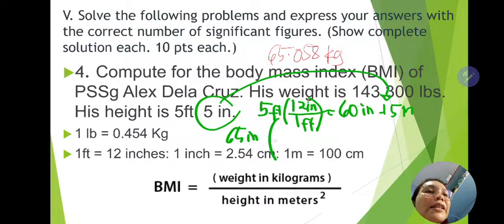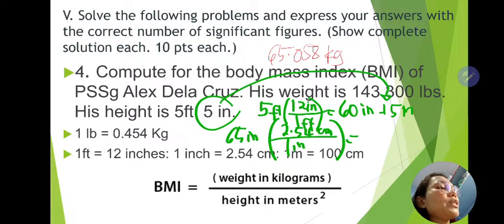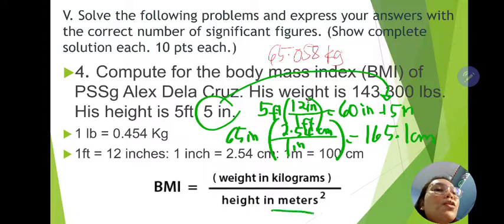Now, convert naman natin siya sa centimeter, which our conversion factor is 1 inch is equal to 2.54 centimeters. That would be equal to 65 times 2.54. That is equal to 165.1 centimeters. But we need that to be in meters.